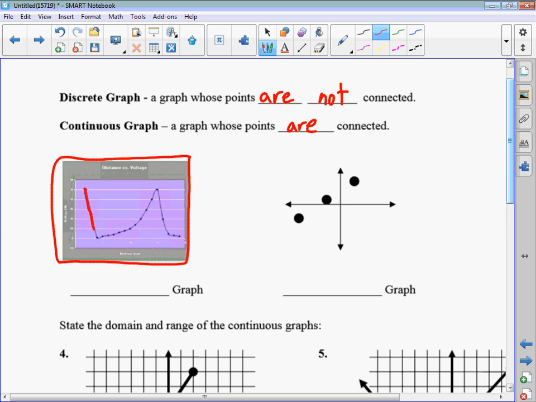I do not have to pick my pen up at all to follow that line. That line was already there. That makes this a continuous graph. And then if we look over here, each of these points are not connected by any line. That makes this one a discrete graph.